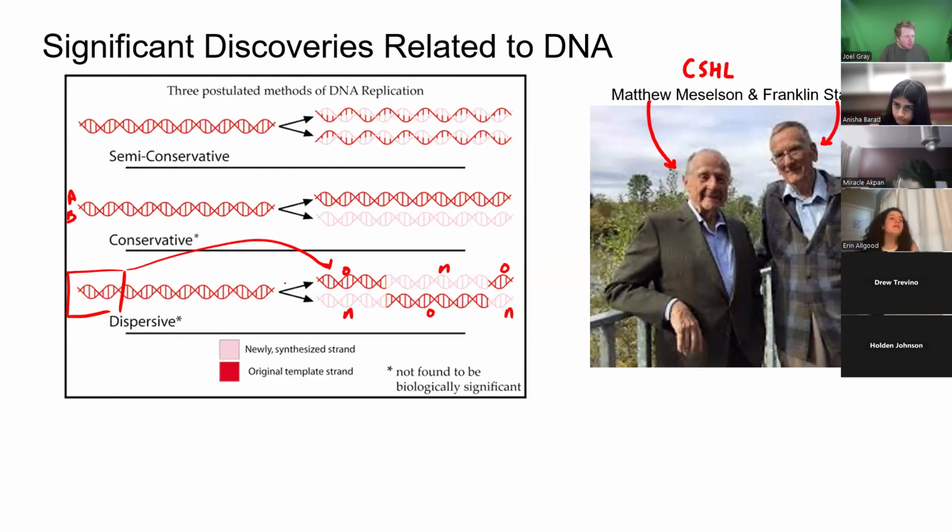In your daughter generation, your next generation of DNA double helices, you'd have something that's part old, part new. It's kind of like at a wedding, something old, something new, something blue. I don't think they had anything blue though. So there's conservative, and there's dispersive. Both of those models include using strands as a template and making new ones, then breaking and reassembling. So you could think about it as break, make, break, make.